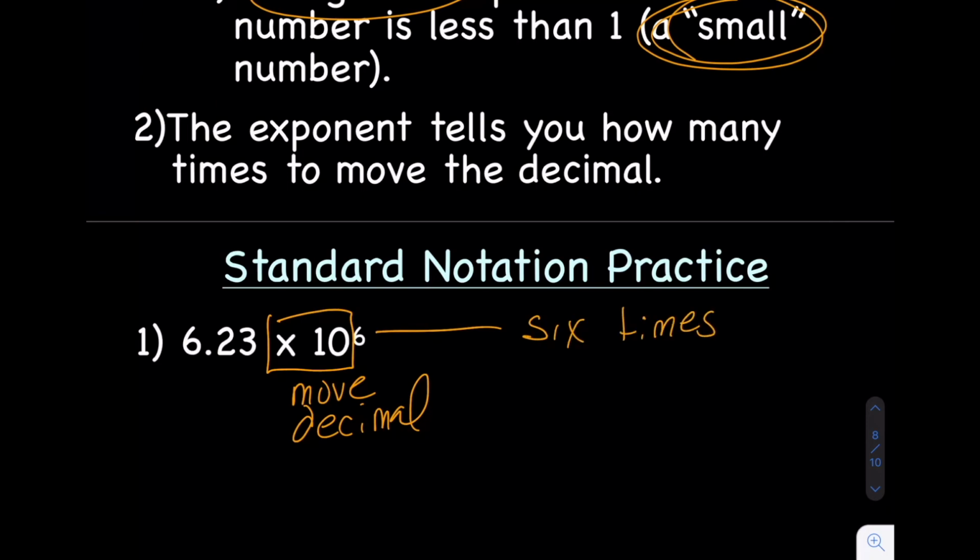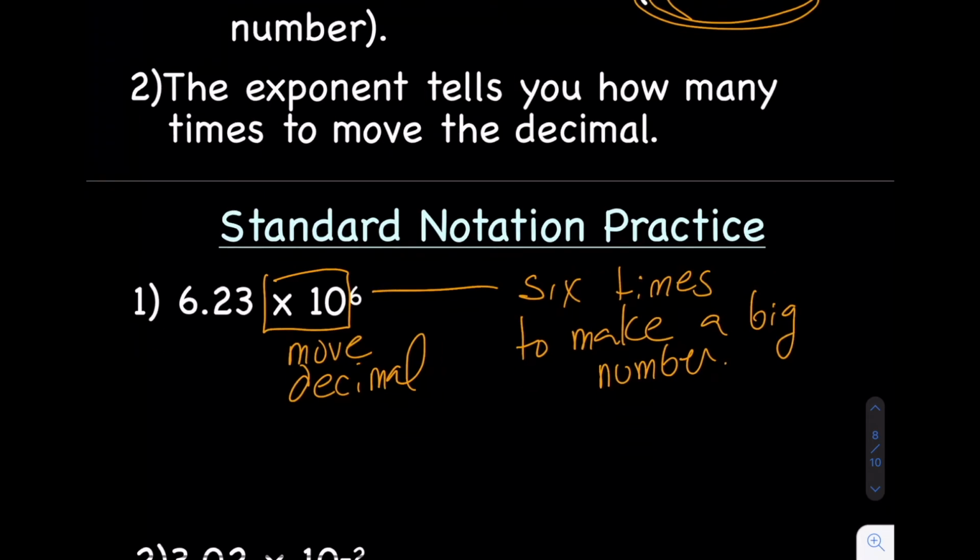And it's positive, so we're going to be making a big number. Okay, so what way do we have to move the decimal to make a big number? Well, we've got to move it that way.